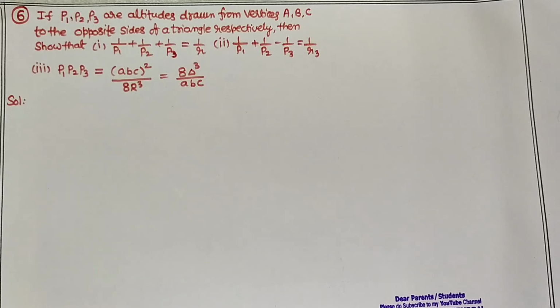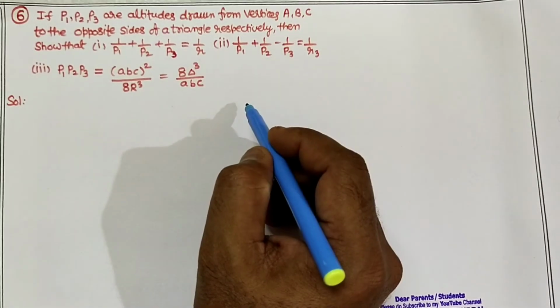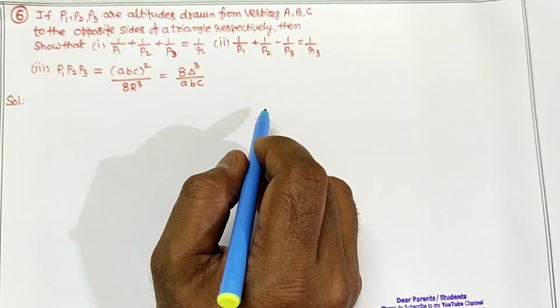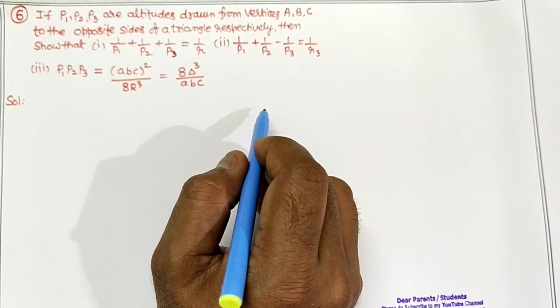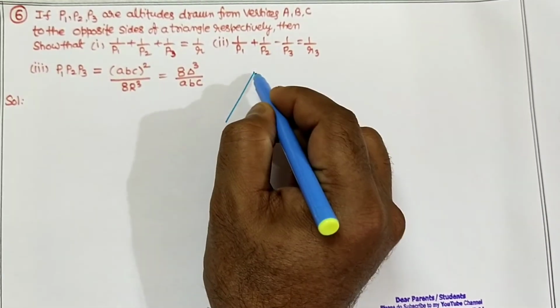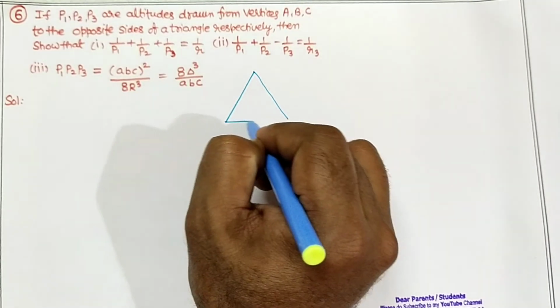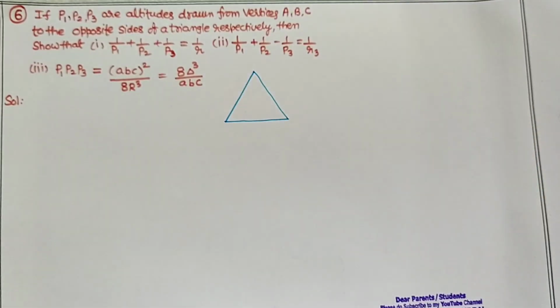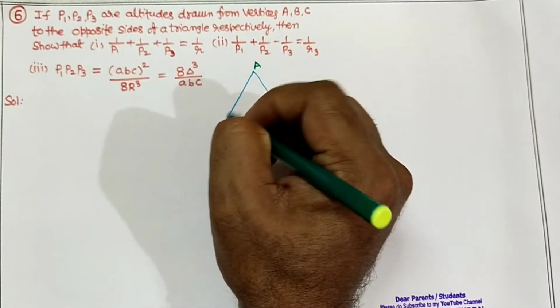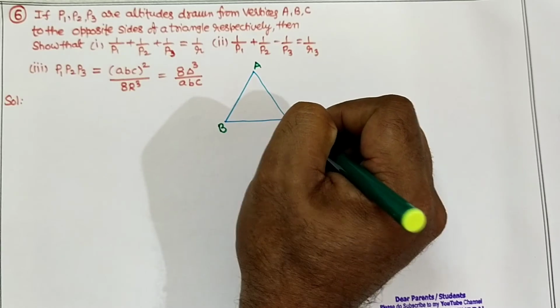So first, according to the problem, you have to draw the rough figure to the corresponding problem. See, consider a triangle ABC now. This is triangle ABC, A vertex, B vertex and C vertex.